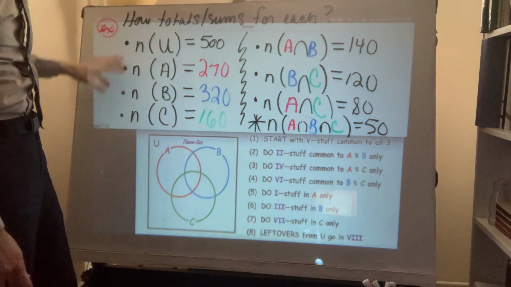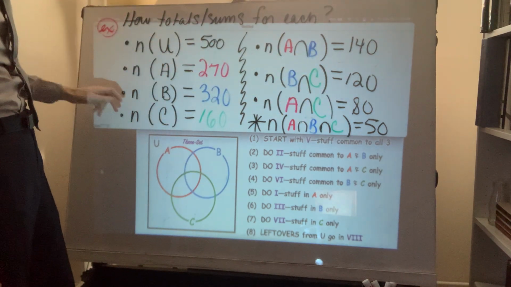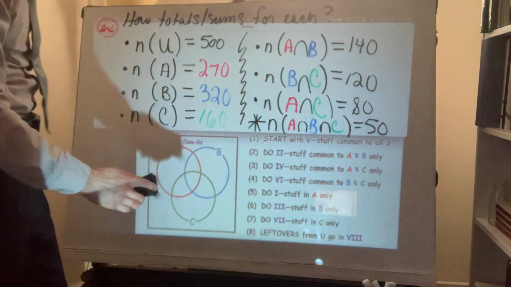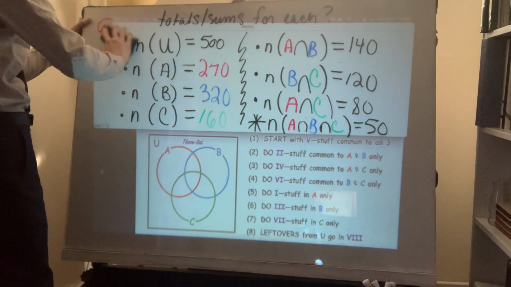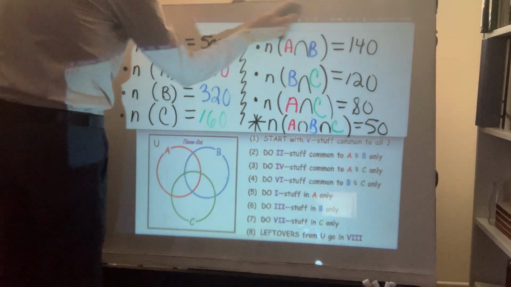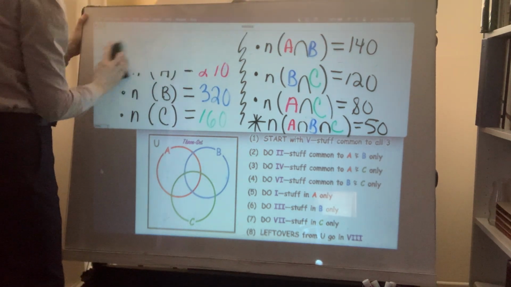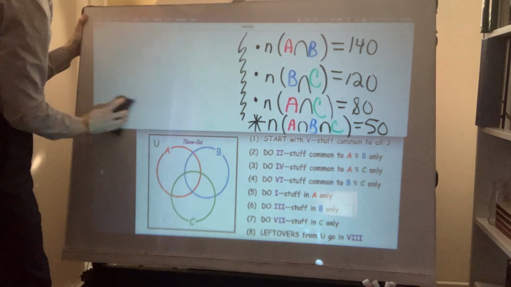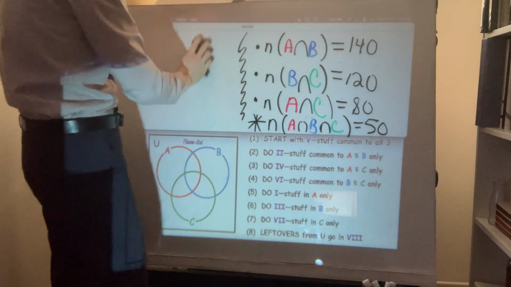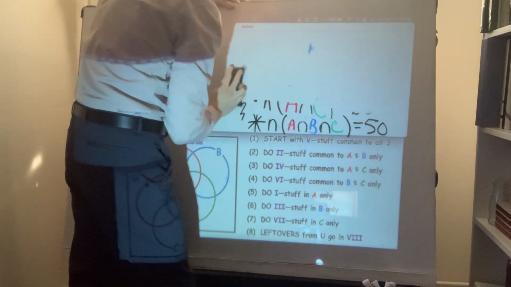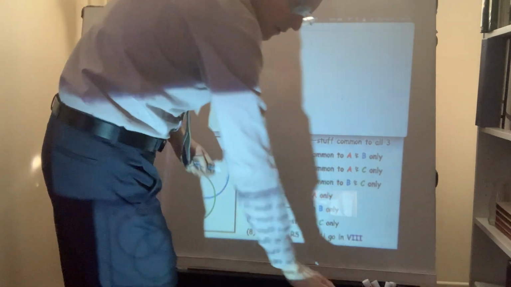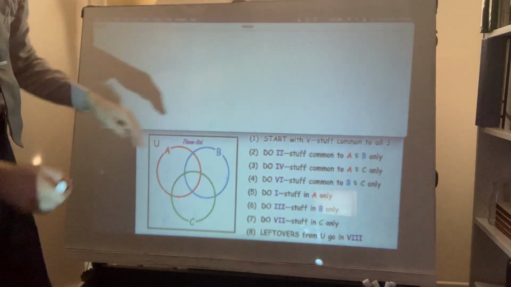I'm going to erase this just so I have some place to work as I'm going about this. So in theory, on a nice clean piece of paper, you have that information that I just erased.